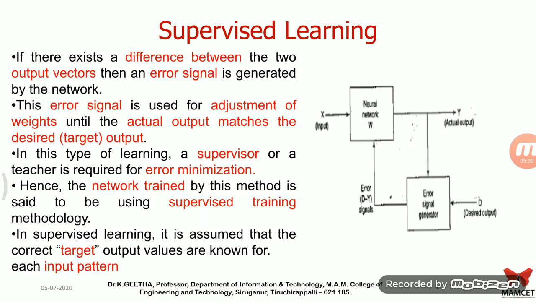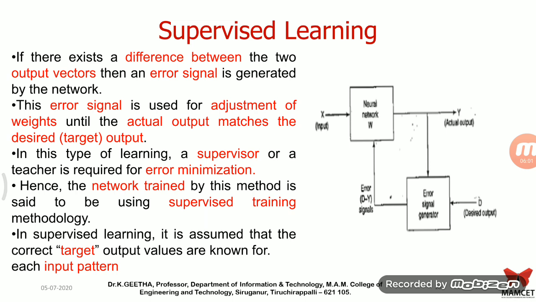This error signal is used for adjustment of weights until the actual output matches the desired target output. In this type of learning, a supervisor or a teacher is required for error minimization. Hence, the network trained by this method is said to be using a supervised training methodology.